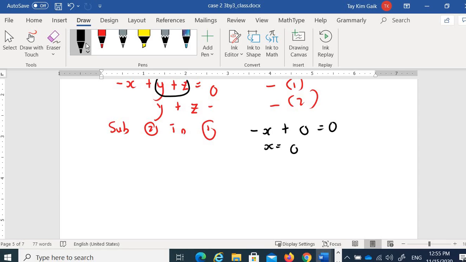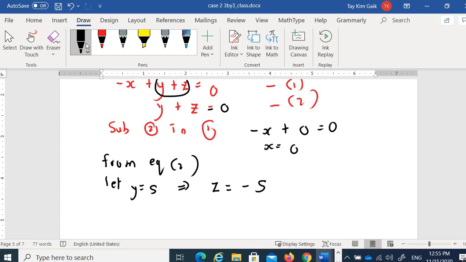So from equation 2, if you let your y equal to s, hence z, because y plus z equal to 0, z will be equal to negative s.